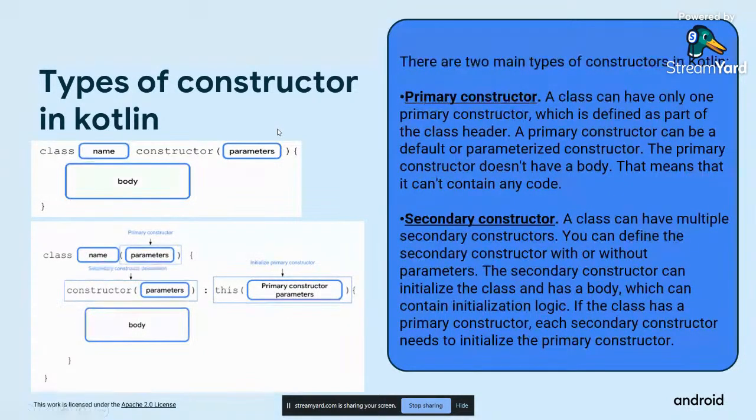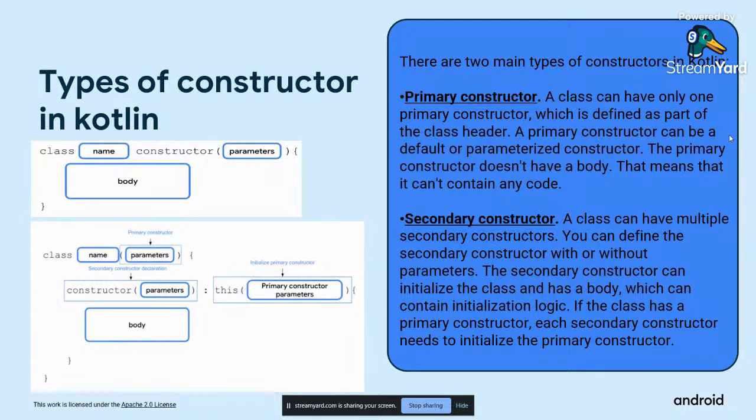Okay. So now let's see two main types of constructor in Kotlin. The first one is the primary constructor. A class can only have one primary constructor, which is defined as part of the class header. A primary constructor can be a default or parameterized constructor.